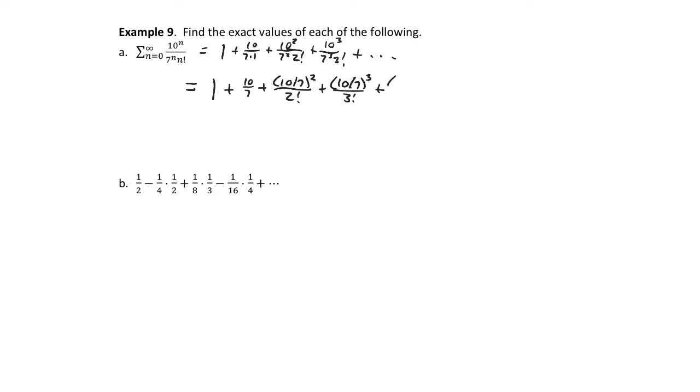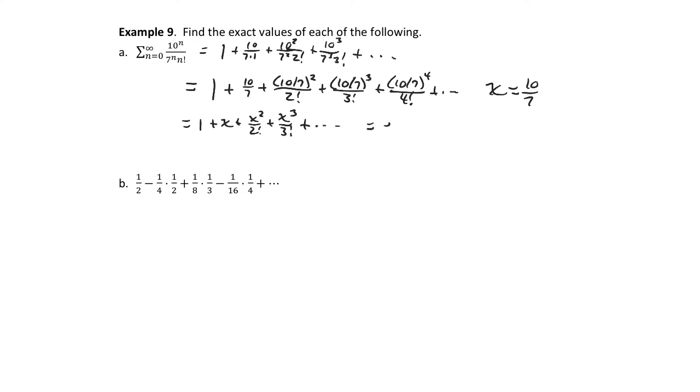The next, even though we didn't write it before, is 10 sevenths to the 4th over 4 factorial. And it looks like the variable type thing is the 10 sevenths. If we write this in terms of x's instead, we end up with 1 plus x plus x squared over 2 factorial plus x cubed over 3 factorial, and so on.